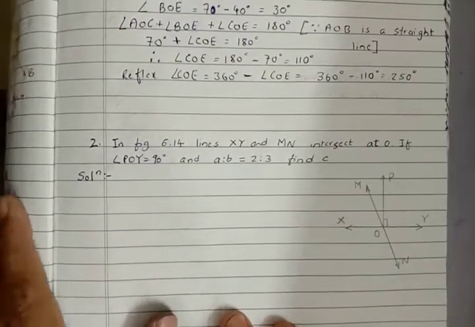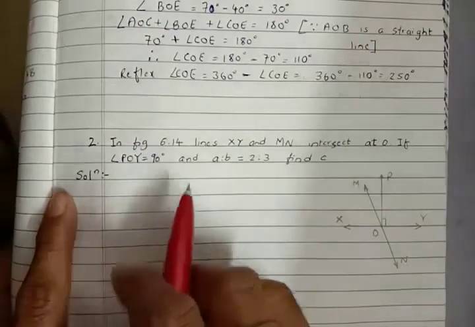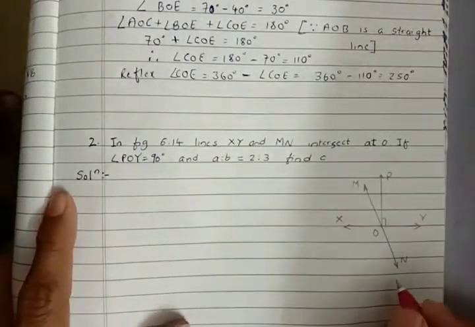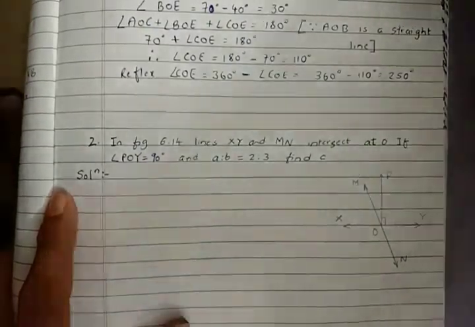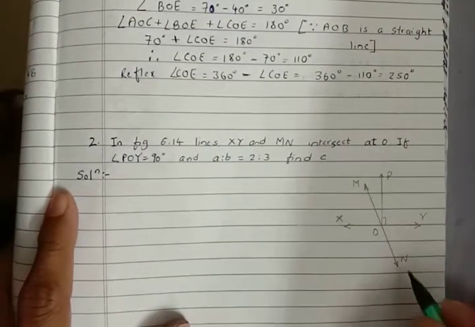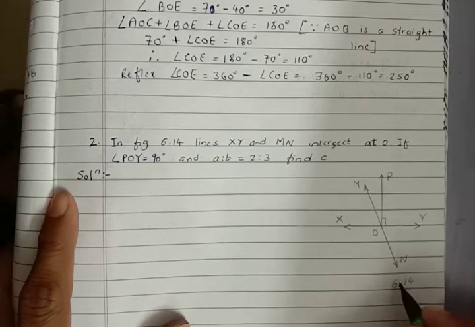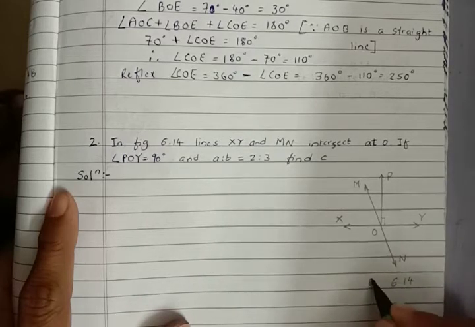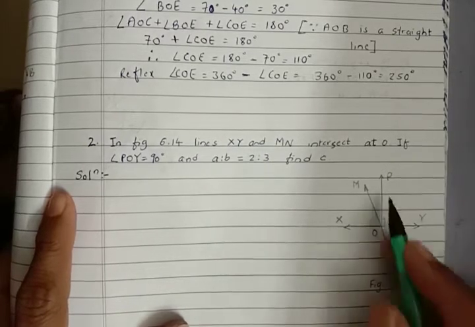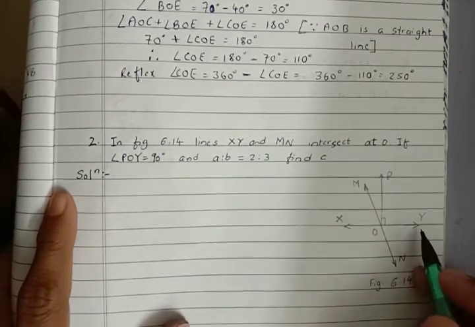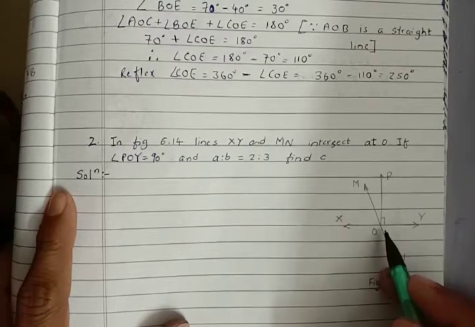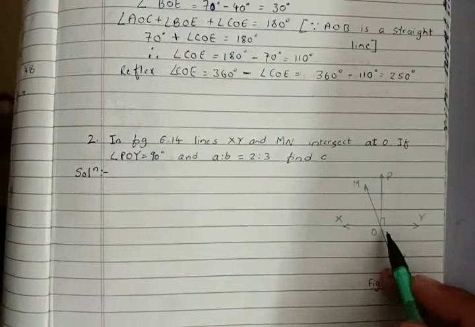Now let's solve question number 2, which says that in figure 6.14, this is figure 6.14, lines XY and MN intersect at point O, right? And if angle POY equal to 90 degrees and a is to b.